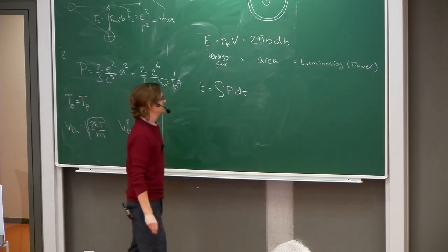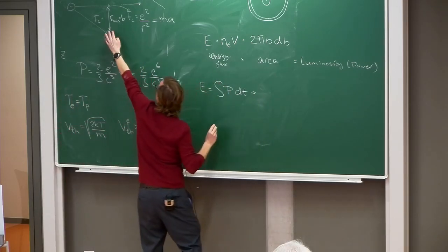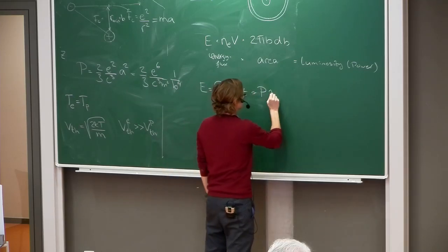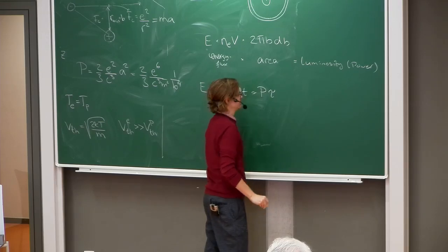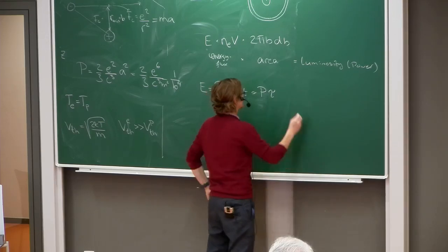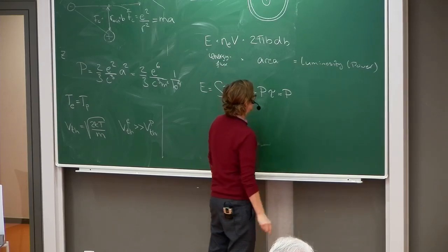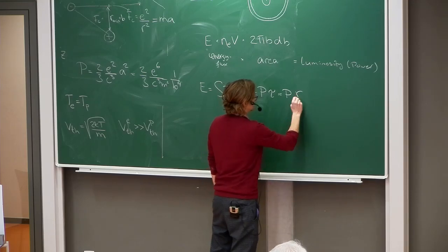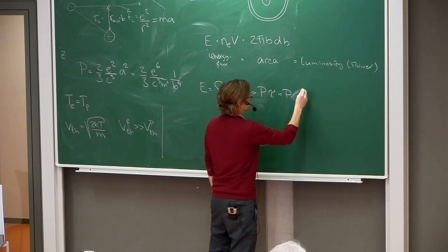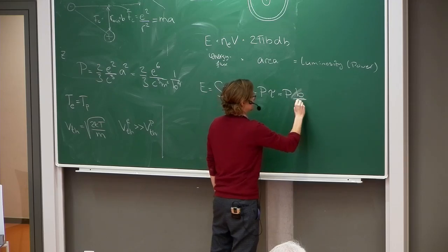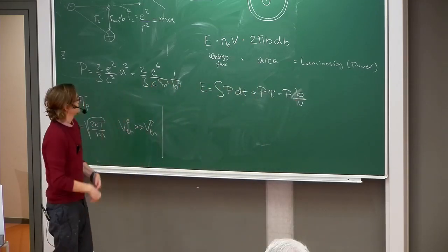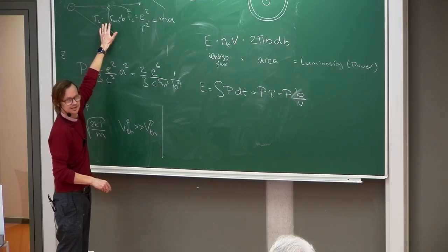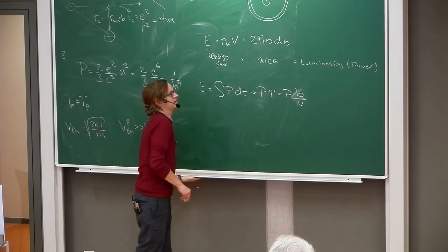But we're going to approximate that this is just in a small distance here, so we're going to say that this is the power there times a little delta t, a little tau, which is the time it takes, and that is just b divided by the velocity. That's again the same assumption that all action happens within a very small interval here, so that we can just simplify this integral.